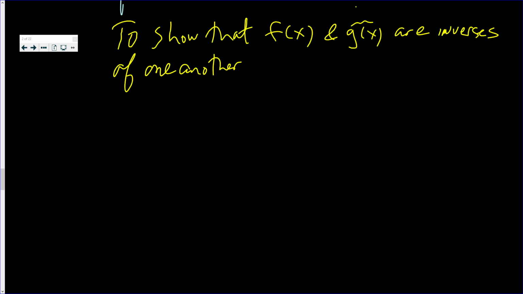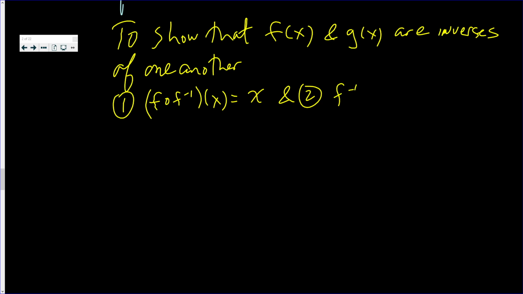Now, I could have called this f inverse of x, but that would be saying that g of x is f inverse and there's nothing to show. But this is basically how you test to show that two functions are inverses of one another. The first thing you have to show is that when you compose f with f inverse of x, you get back x. And 2, if you compose it the other way, you also get back x.